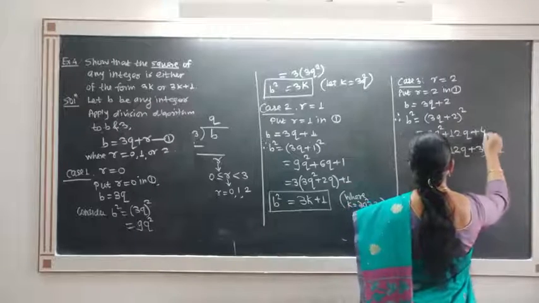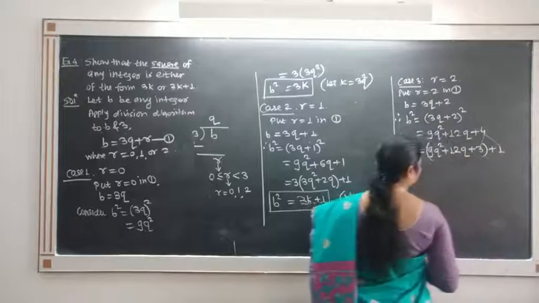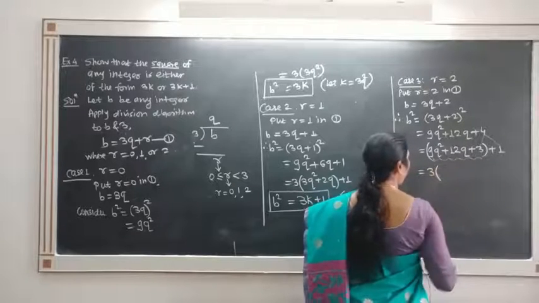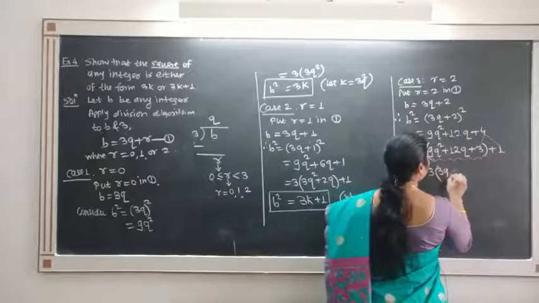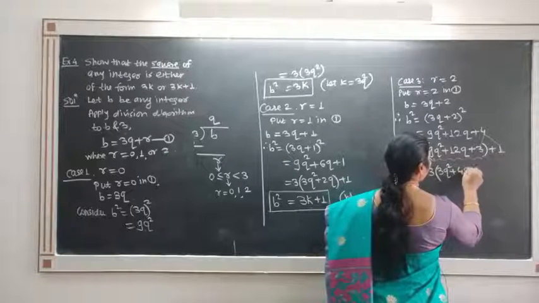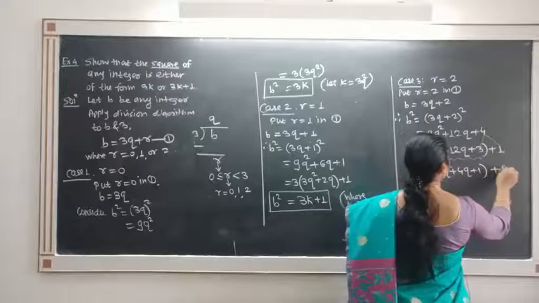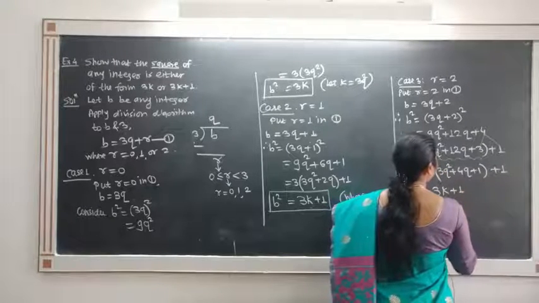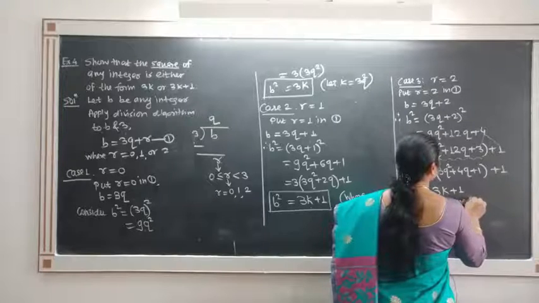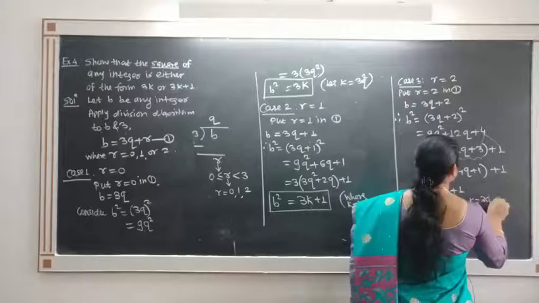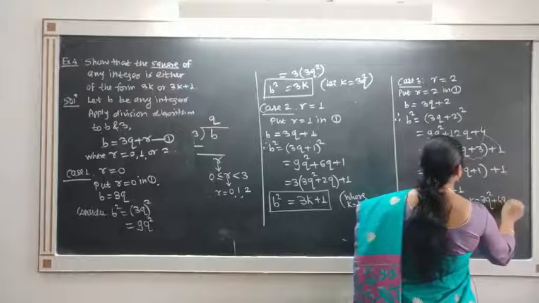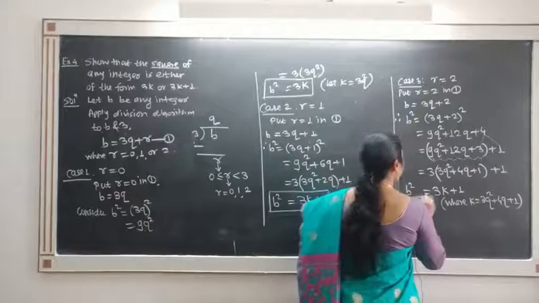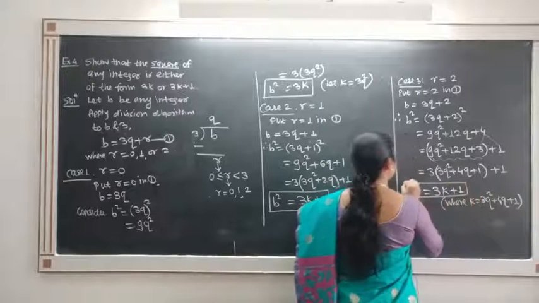I split this 4 as 3 plus 1. Now from the first terms, I will take 3 common: 3(3q square plus 4q plus 1) plus 1. So it is of the form 3k plus 1, where k is equal to 3q square plus 4q plus 1. And therefore in this case b square is of the form 3k plus 1.